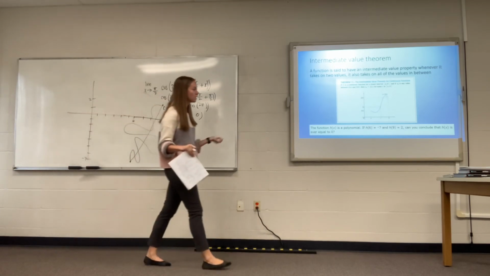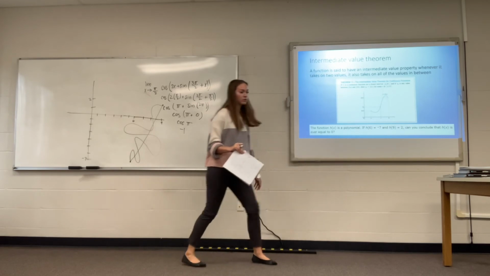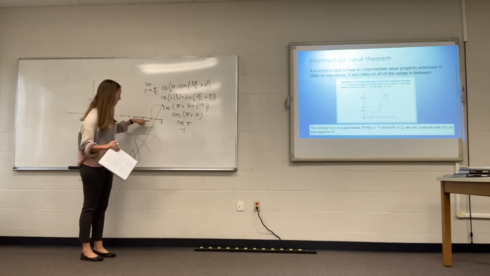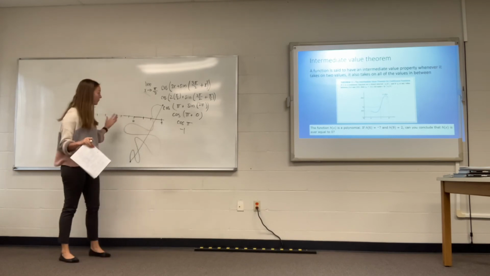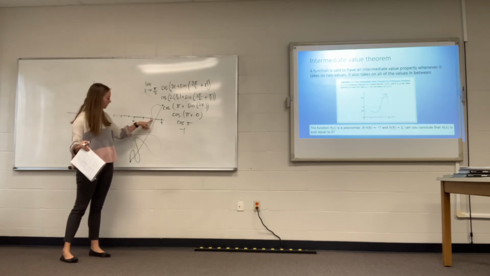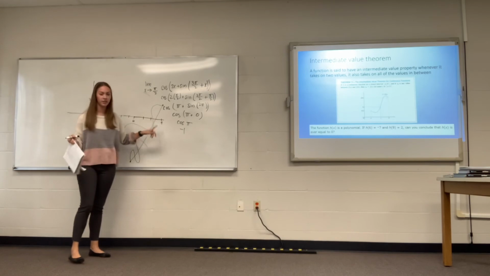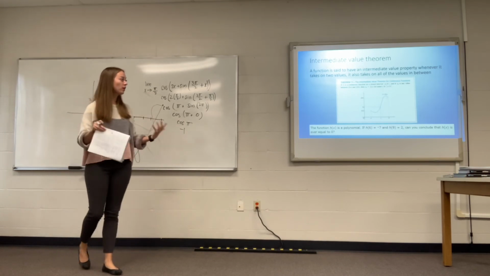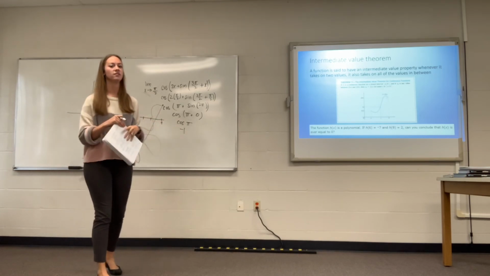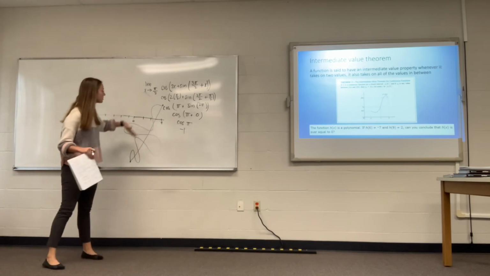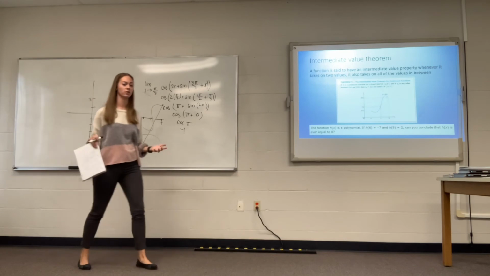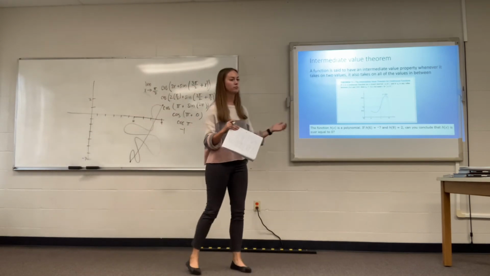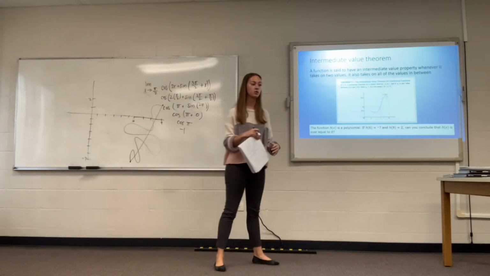So when it asks, can you conclude that the function is ever equal to 0? Well, because I cross over my x-axis, I know I'm going to have a 0. I don't know where it might be. When I drew it once, it was over here. When I drew it a straight line, it was over here. But I know that it will equal 0 at some point, okay? Because I went from my negatives to my positives. So obviously at some point I have to equal 0. Okay, so the intermediate value theorem just says that there's all those values in between.